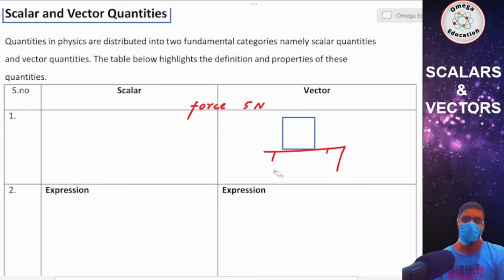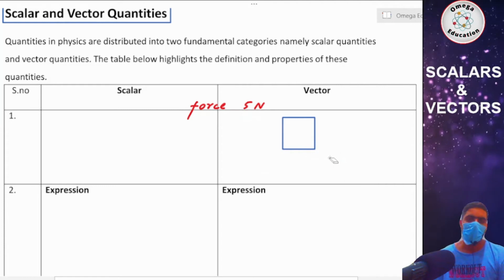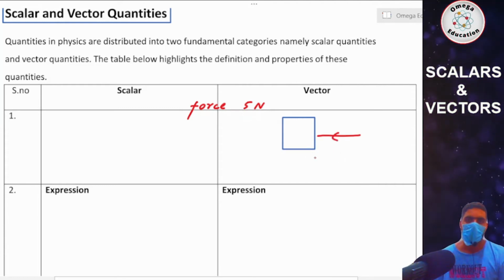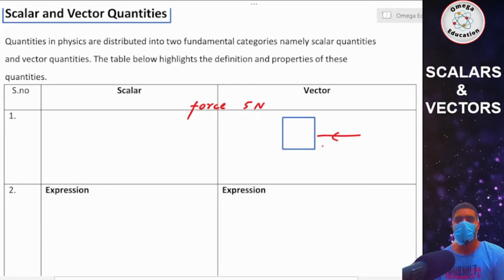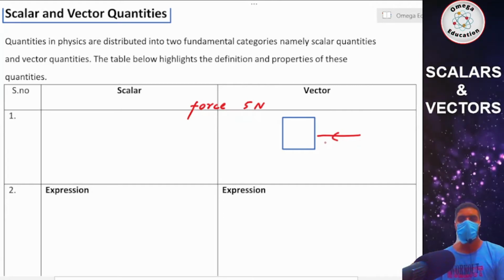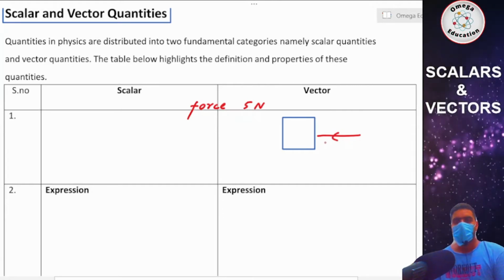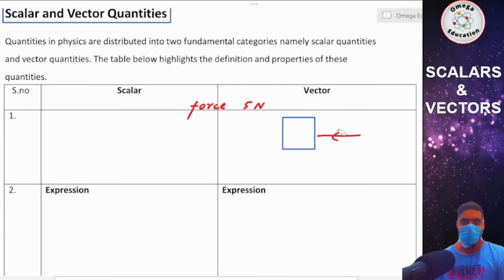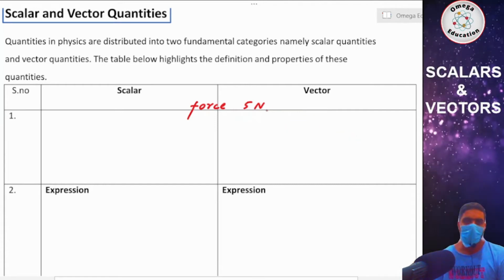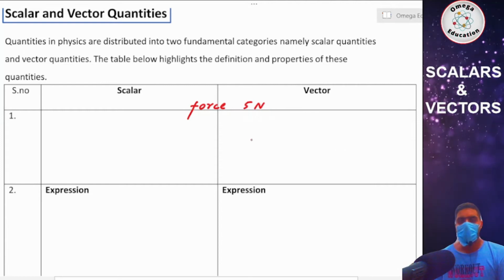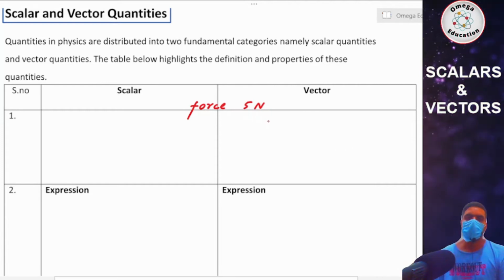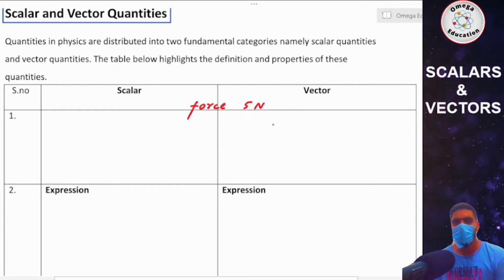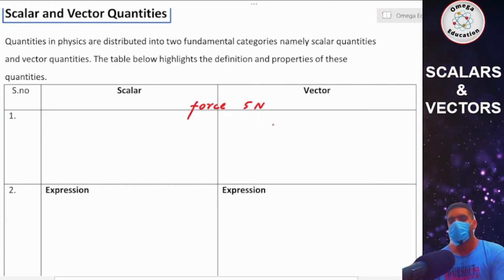And if the force of that 5 Newton is being applied to the left side, I'm pushing the box to the left side, then the box would move towards the left side. So the same force of 5 Newton can move the box in every possible direction depending on the direction of the force itself.